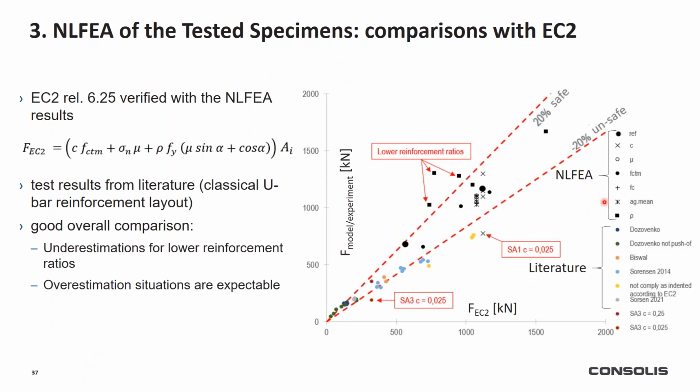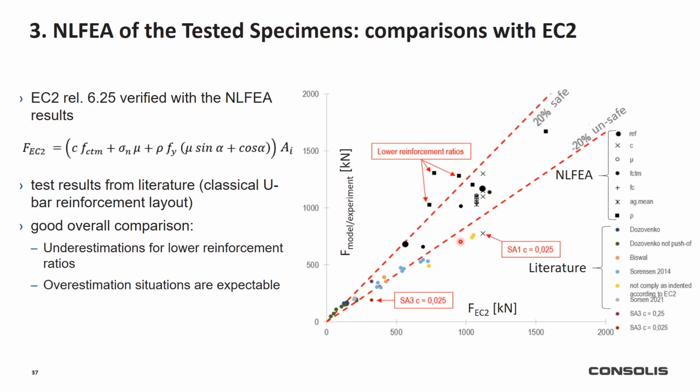And in the end, I collected all the results from the parametric studies, and alongside with results from the literature, I was able to do a comparison with the design equation provided by Eurocode 2. So we can see here that most of the results are within reasonable accuracy.